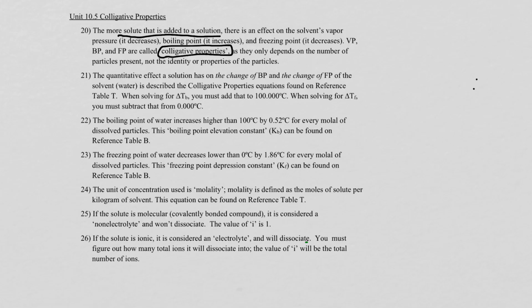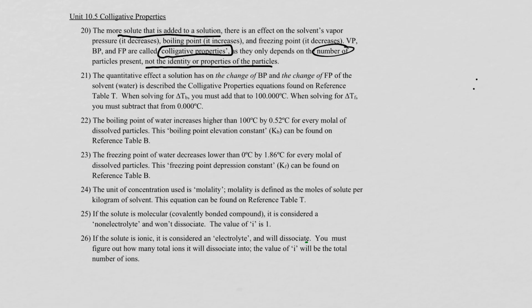These properties, boiling point and freezing point, do not depend on the identity or the properties of the particles, only the number of the particles. So that's what we're going to be studying, the effect on the boiling point and the freezing point.